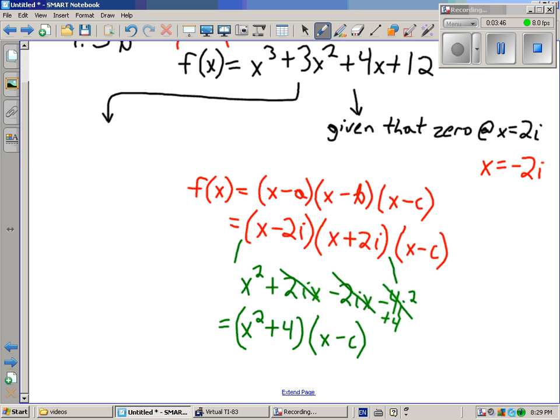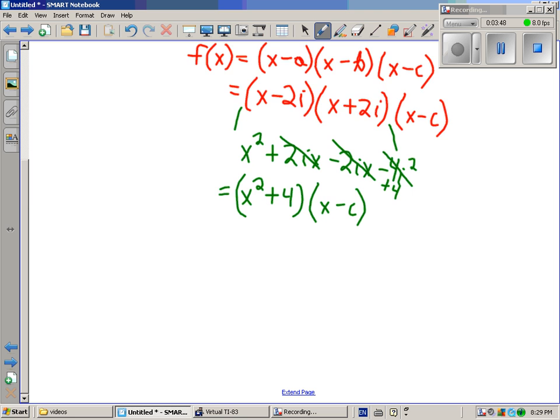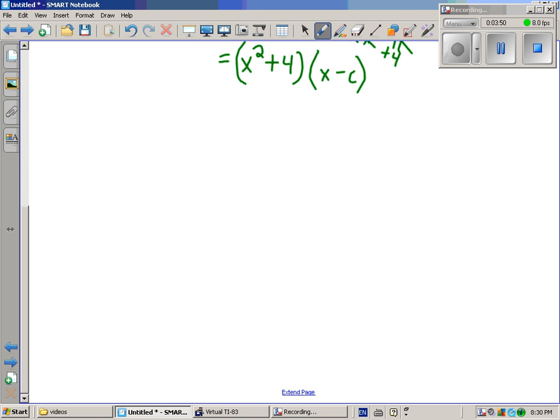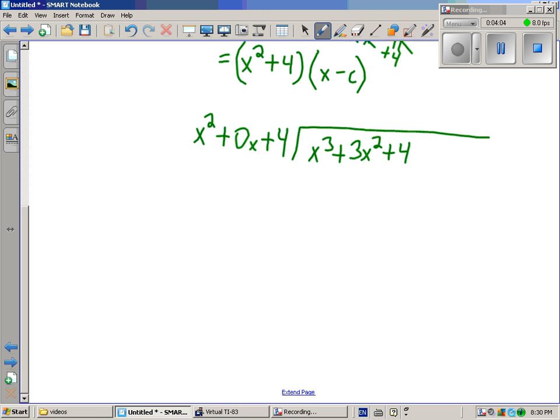X squared plus 4 I can definitely divide into my polynomial. So x squared plus 0x plus 4 going into x cubed plus 3x squared plus 4x plus 12. All right, x squared goes into x cubed, x times.